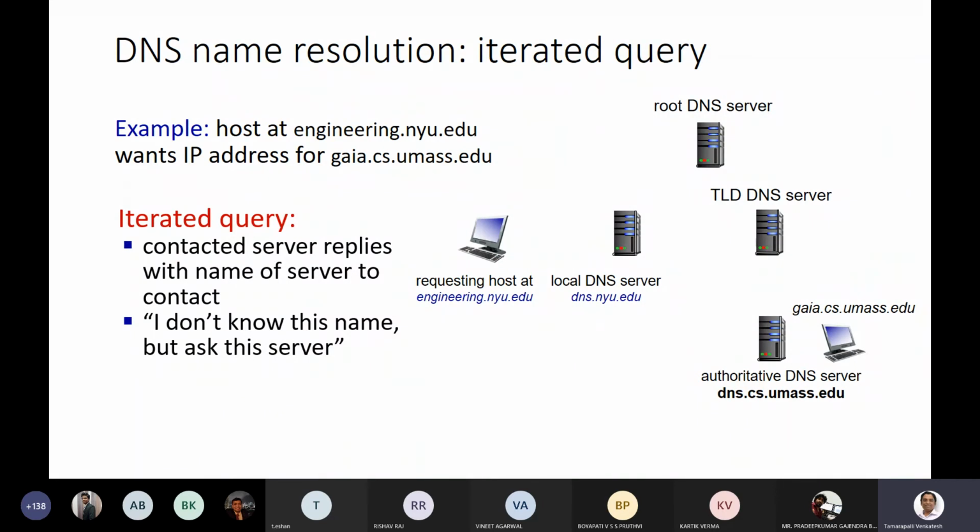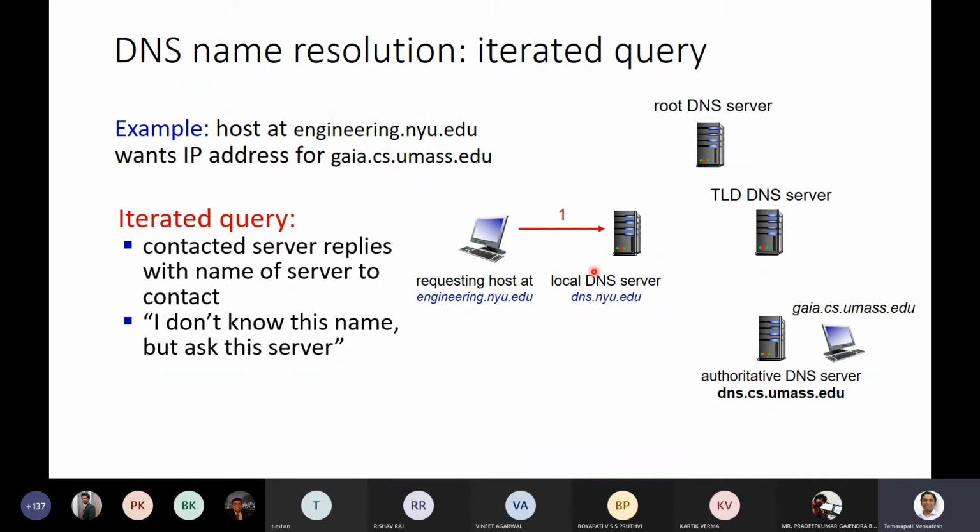The machine wants the IP address for gaia.cs.umass.edu. The requesting host is here, and it starts resolving the IP address for this particular domain name.